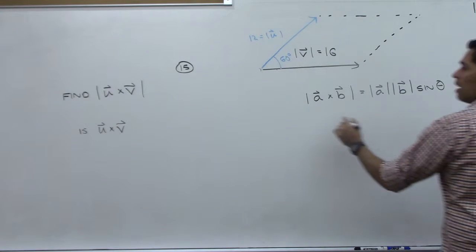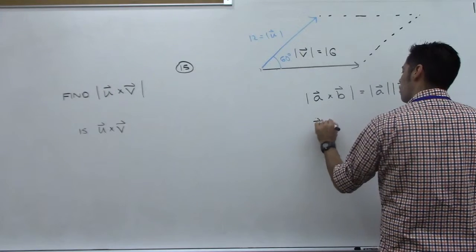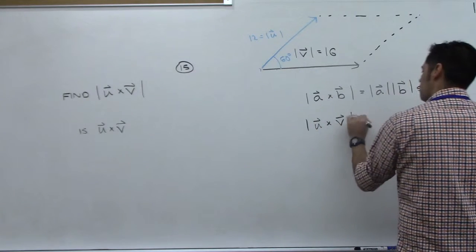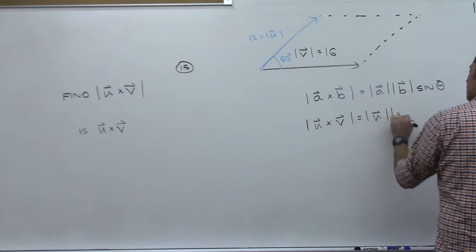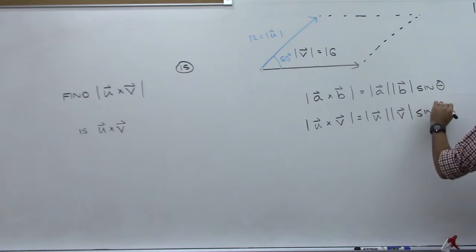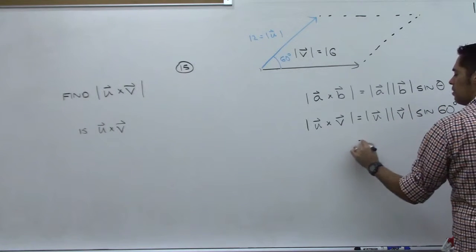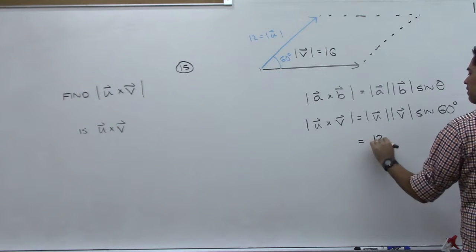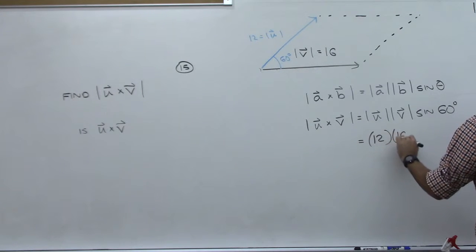So for this one, the magnitude of u cross v is equal to the magnitude of u times the magnitude of v times sine of 60 degrees. I know the magnitude of u was 12, and the magnitude of v was 16.